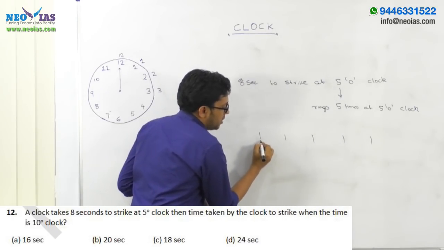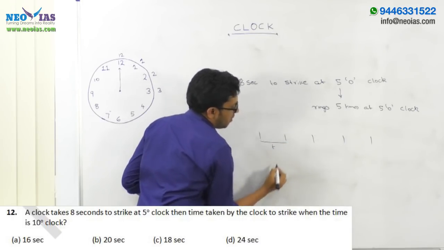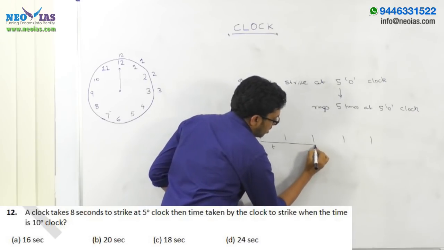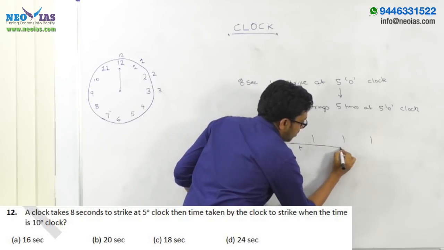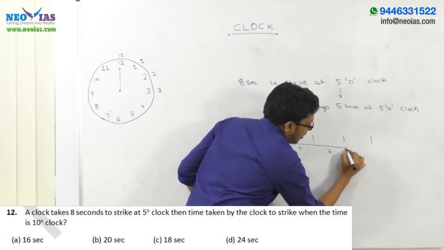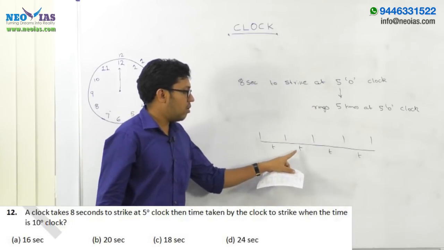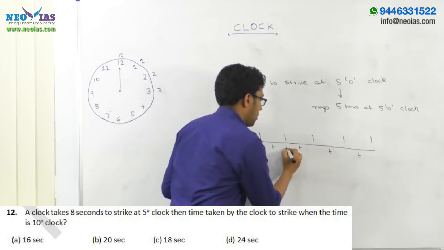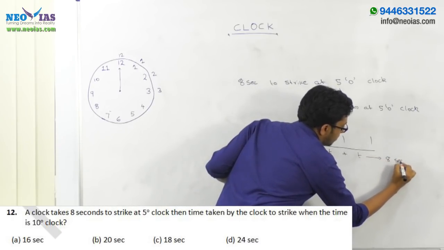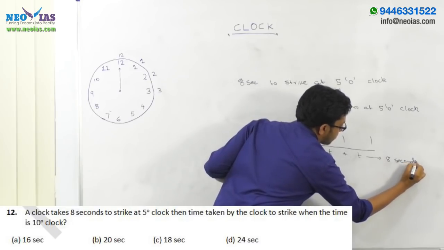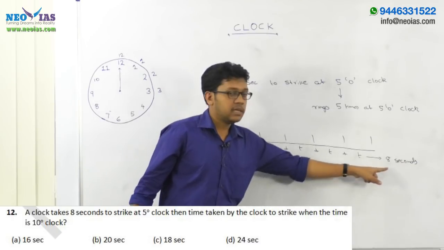Thus, between first and second ringing there will be an interval. Let it be a time interval t. Between second and third ringing there will be again a t time interval. Between third and fourth again a t time interval, and between fourth and fifth again a t time interval. All these t time intervals we can add together to get 8 seconds.